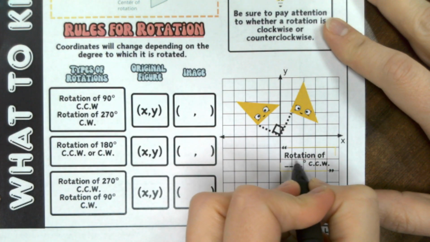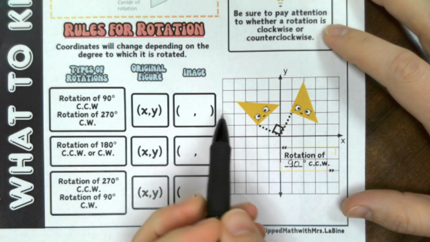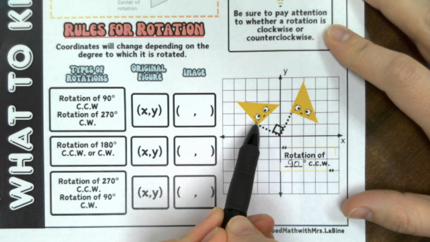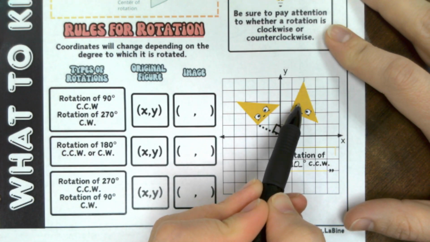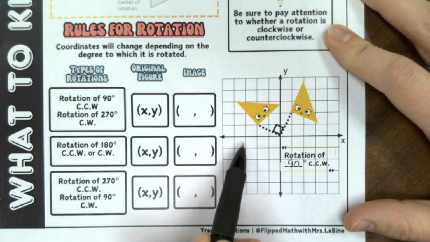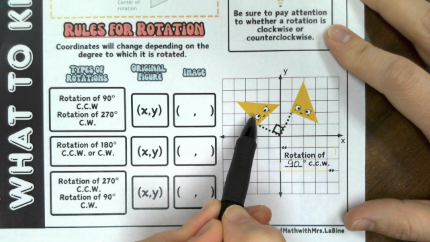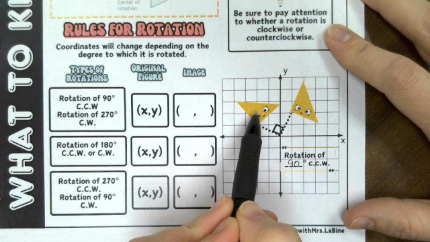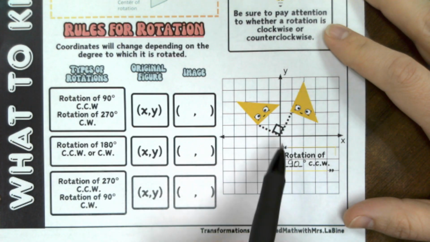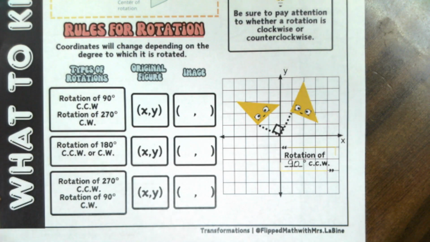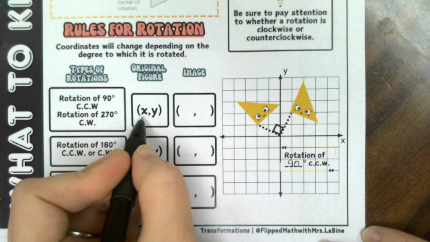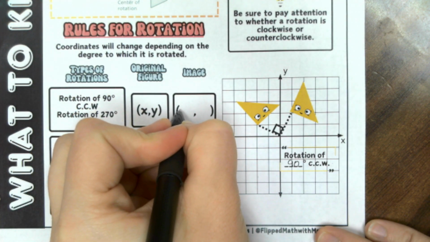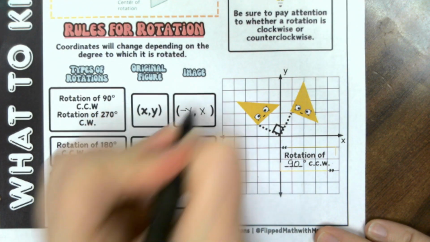If instead I went forward 270 degrees, that takes me to the same point. So if your original figure was (x, y), you would change the image to (negative y, x).